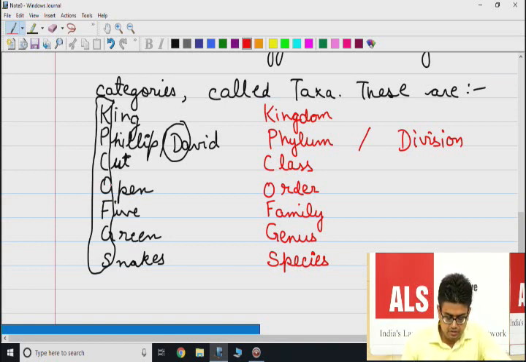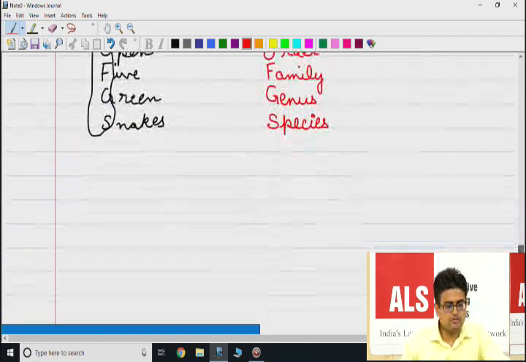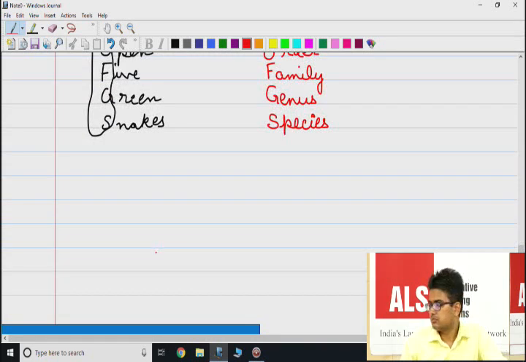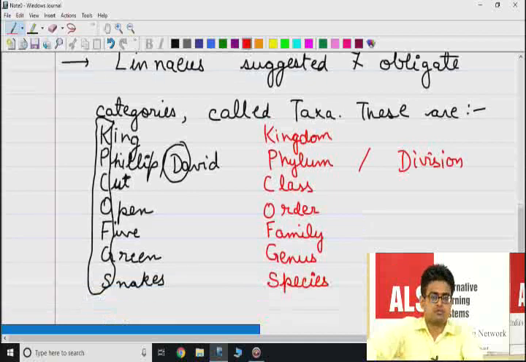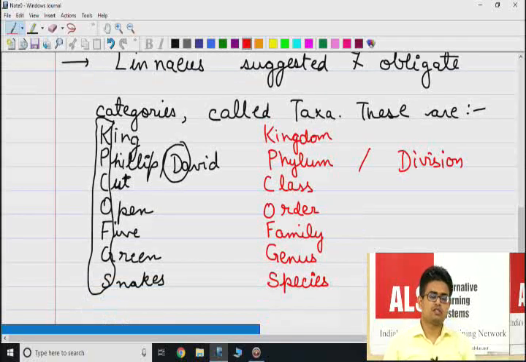So first of all, if you find an unknown organism, students, do you have any doubts regarding this? You can ask me directly. It's very easy. Linnaeus gave this system. Linnaeus is called father of taxonomy. Linnaeus gave a lot of rules for classifying the organisms, right? So I hope this is clear.